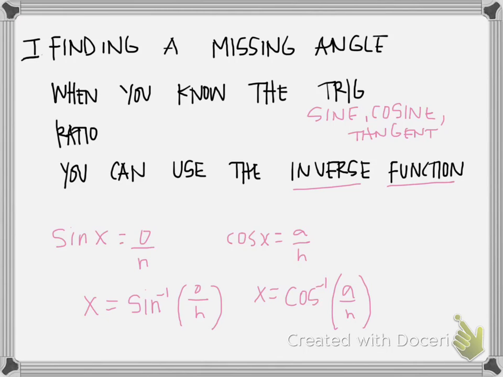So what you're doing is just taking the inverse of the cosine function of the ratio that you already have. And then your tangent, remember, Oscar had a heap of apples. So it's the opposite over your adjacent.